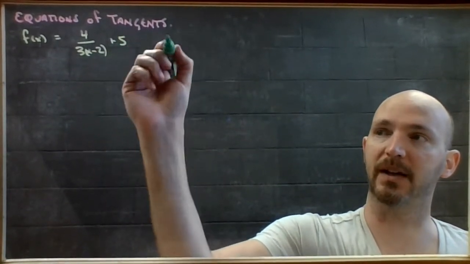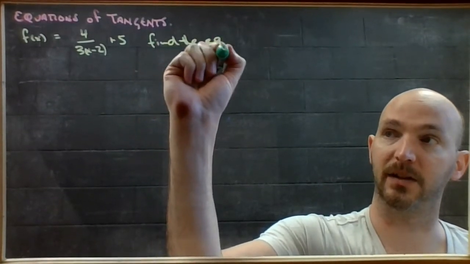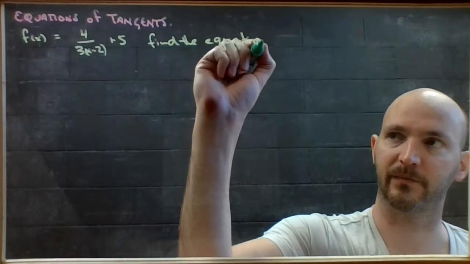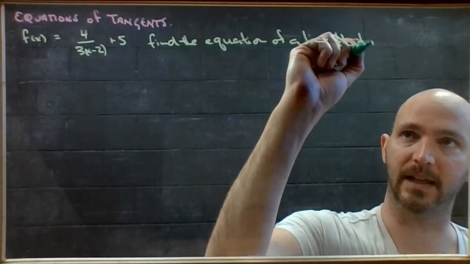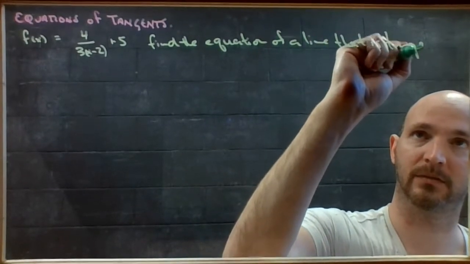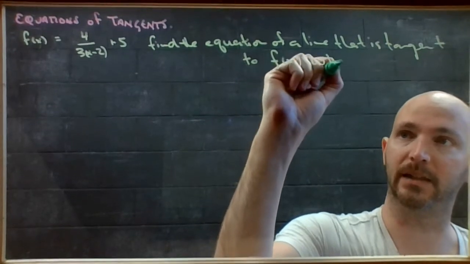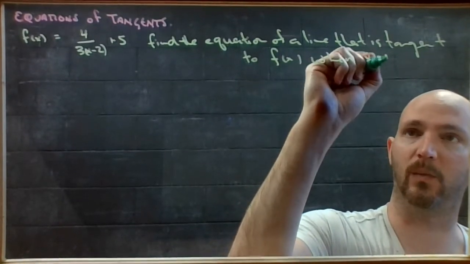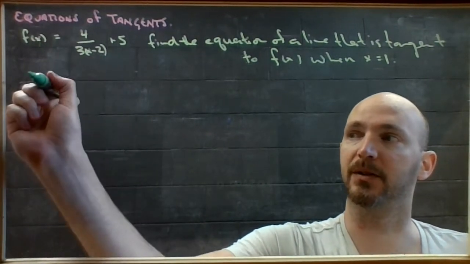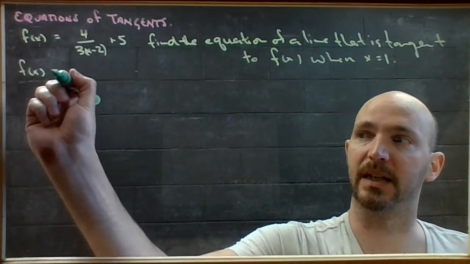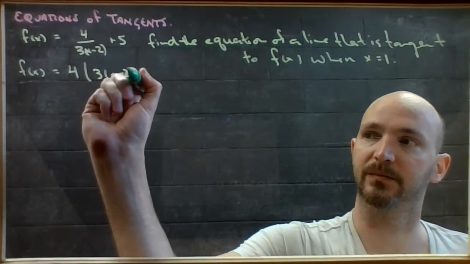And I want to find the line that is tangent, and the equation of the line that is tangent to f of x when x is 1. So first thing I'm going to do is write this function in negative exponent notation, like so.